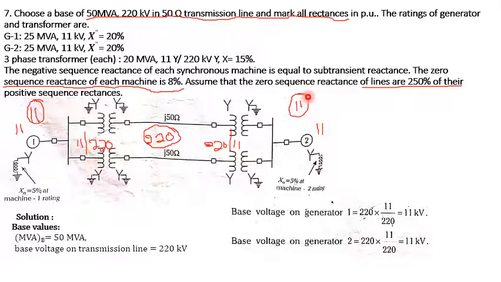Once we have the values of the voltage, we need to calculate the reactances for the generator, transformer, transmission line, and the other generator too. First, the sequence reactances for the generator: positive, negative, and zero. Positive sequence reactance is XG1, that is the subtransient reactance on the new base.